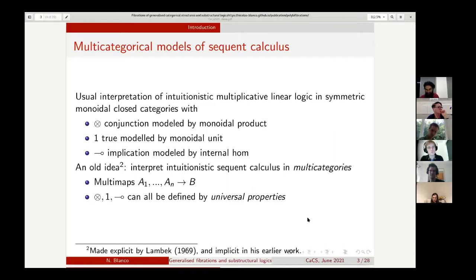And the point is that this is really a good setting to look at intuitionistic multiplicative linear logic, because all of the connectives there, the conjunction, the implication, can be defined by universal properties, while in a category, it's defined by some structure, some monoidal structure that you put on it.